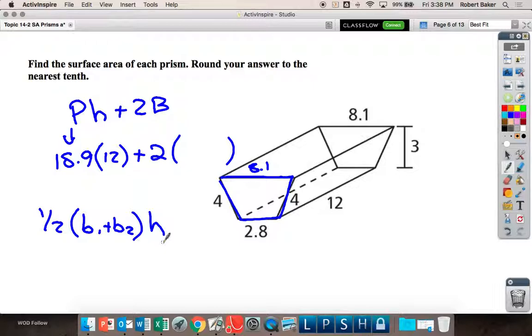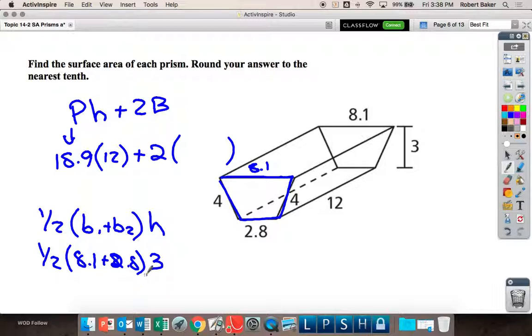So 1/2 of 8.1 plus 2.8 times 3, because base 1 is 8.1 and base 2 is 2.8. The height of this trapezoid is 3, so it's half of all that.